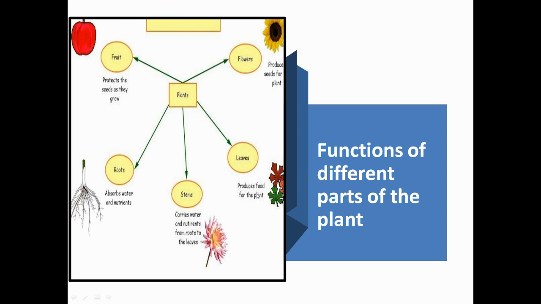Leaves produce food for the plant, as we already discussed how they produce their food. Next is stem, which carries water and nutrients from root to leaf. Root fixes the plant in the soil and absorbs water and minerals from the soil. So these are the functions of different main parts of the plant.